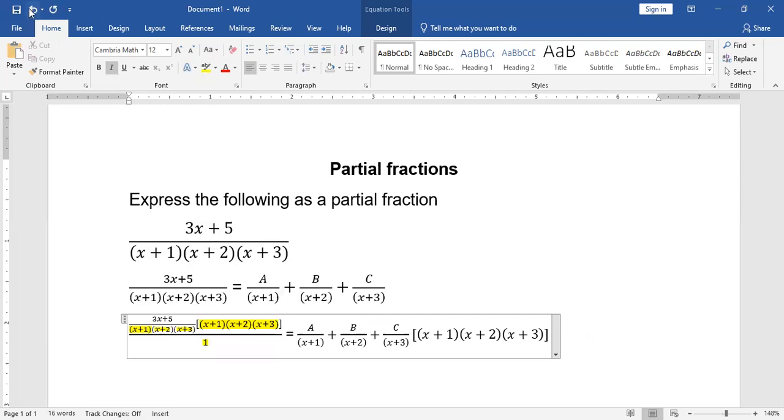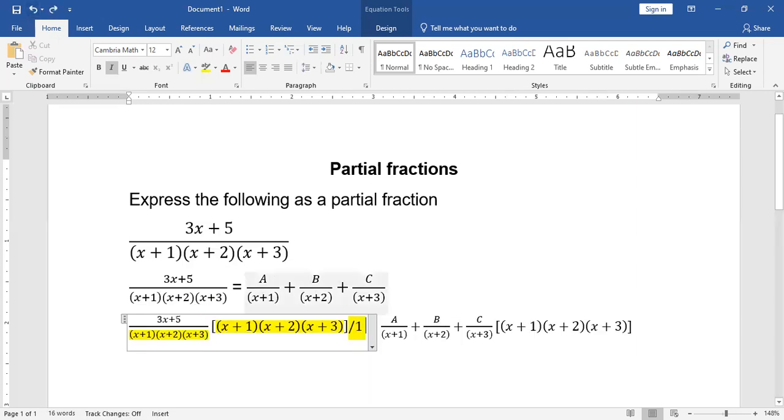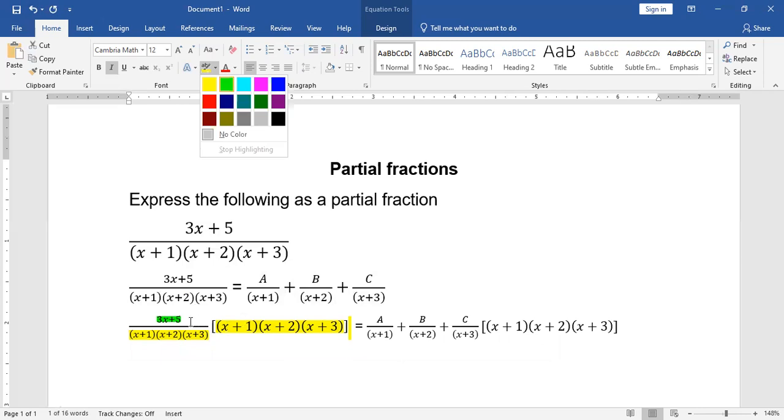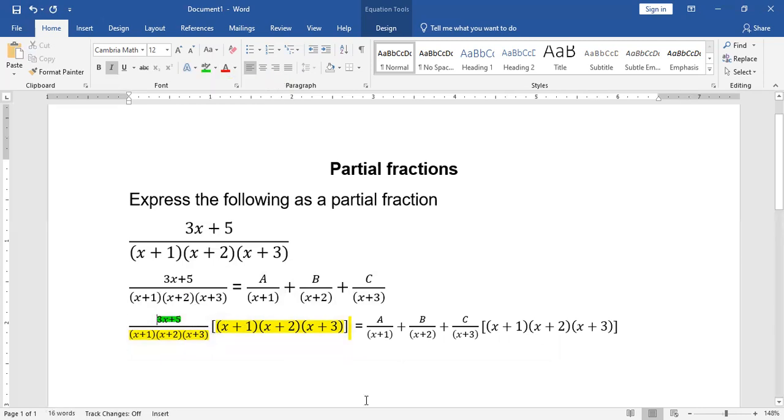So now this whole part will cancel with the other yellow part, the bottom part. We will only remain with the top part, indicated in green. So we remain with 3x plus 5 on this side, then we shall say equal to.